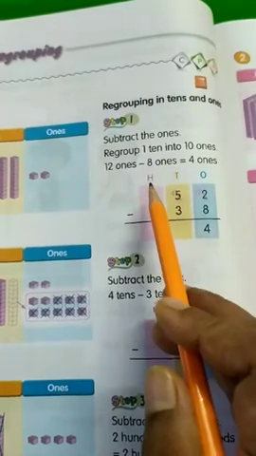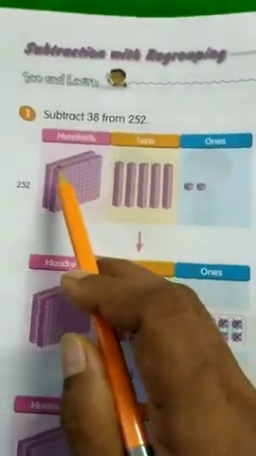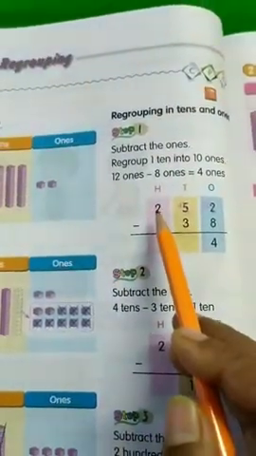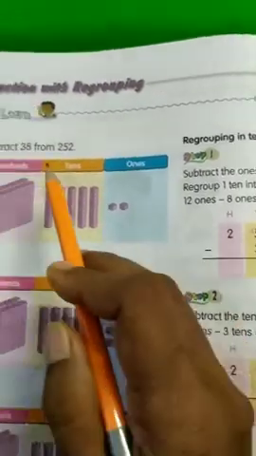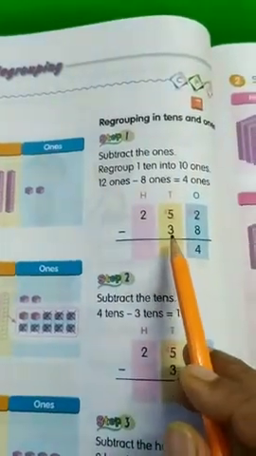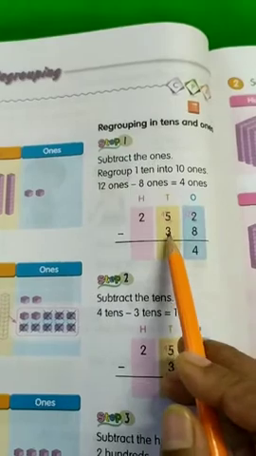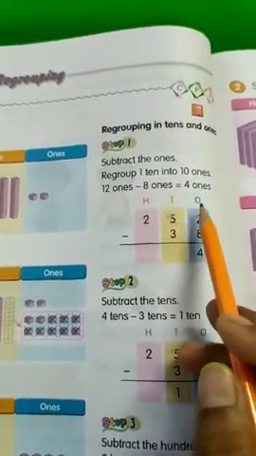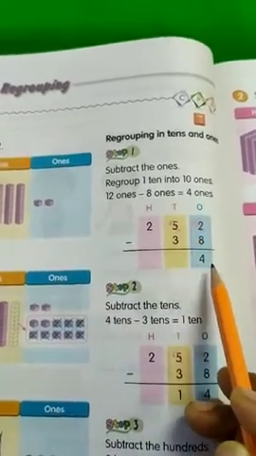Now here is 1 ten and this number is over here, 252. Here we are going to put it in its places and minus, that is subtract 38. This is in tens, so we are going to place first 8 in the ones place and 3 in the tens place.